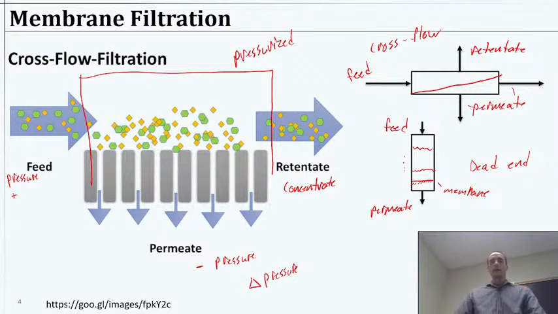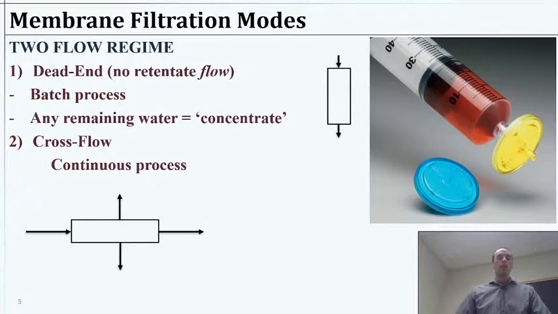All right, so that's kind of the basics of how we would look at the membranes themselves, how we might draw them in a box diagram and look at it that way. I was kind of ahead of myself here, so this is just a couple more examples to flesh that out. We've got these 2 different flow regimes: dead end, which acts like a batch.